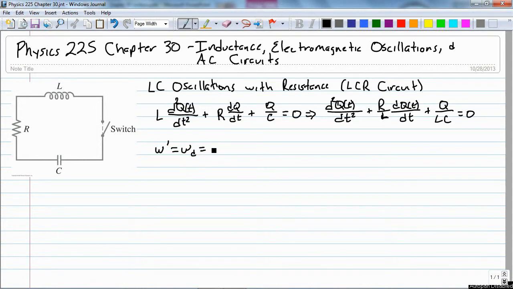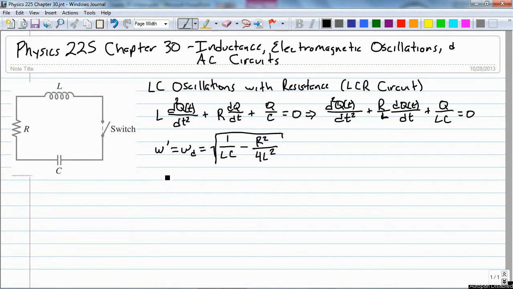And that is going to equal the square root of our pure oscillation, which is going to be 1 over LC, and then we add the damping term, R squared over 4L squared. So our oscillations are going to be a little bit slower because of this resistance.